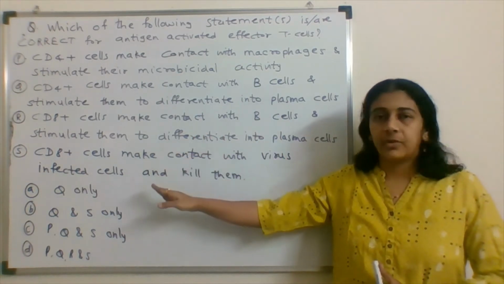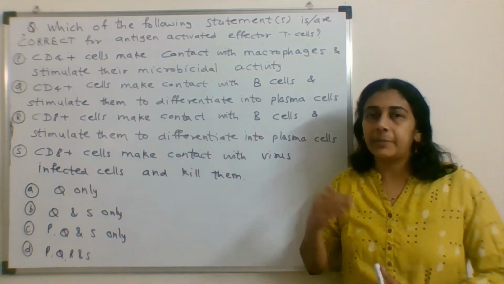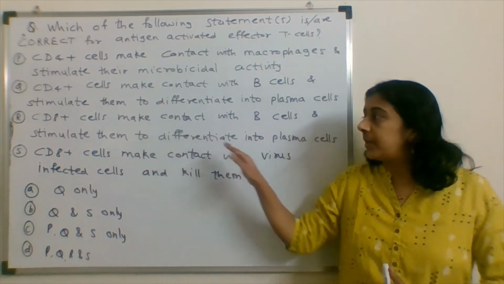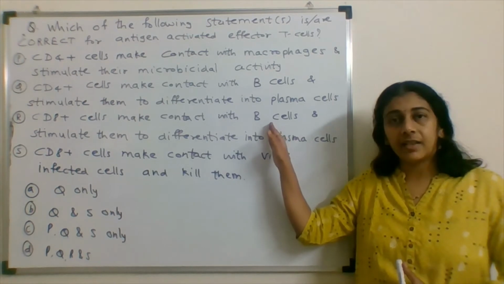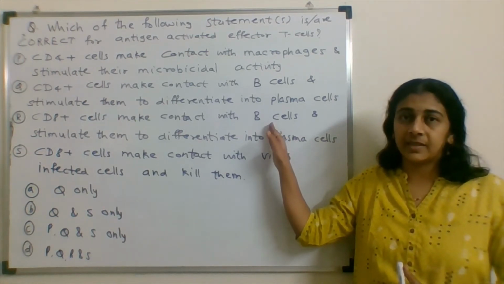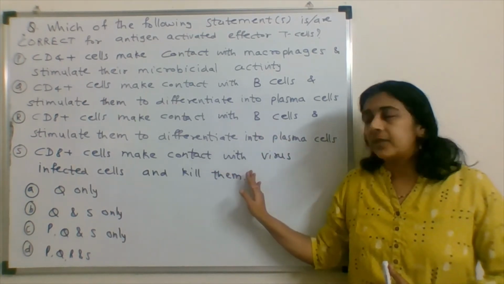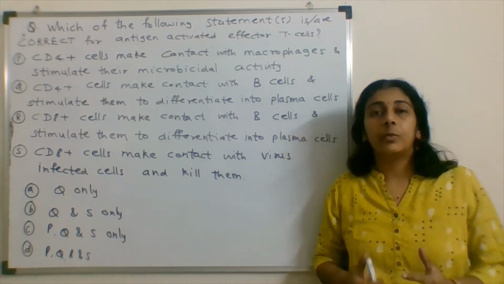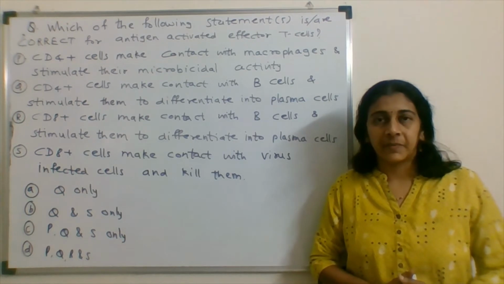In the third and fourth statements, CD8 plus cells are activating. In the third statement, CD8 plus cells are activating B cells, and in the last statement, CD8 plus cells are activating virally infected cells.